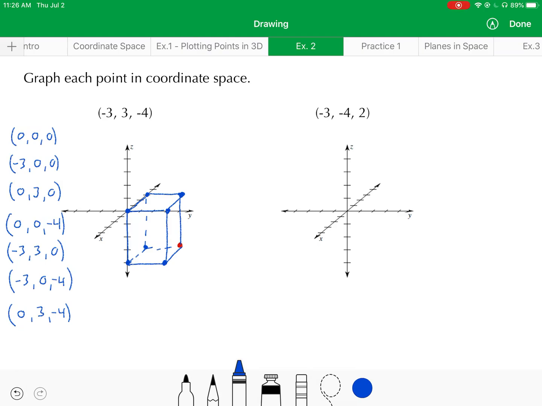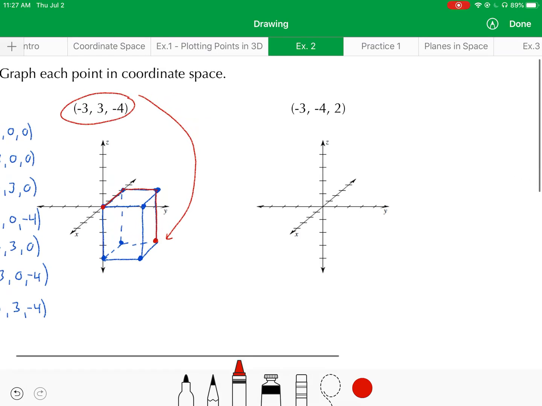Okay, so this point ends up being right there. Okay, you're moving from the origin 3 units back, then 3 units right, and 4 units down to get to it. Okay. All right, let's do one more example together to hopefully drive this home.